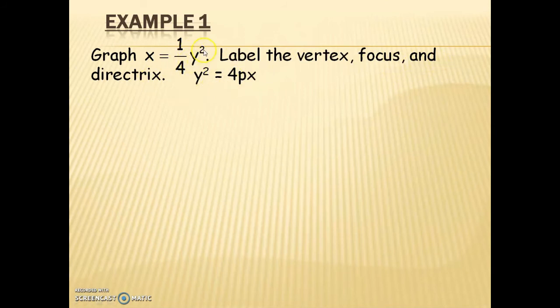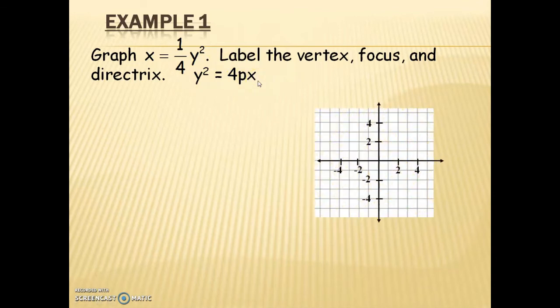So we see here y squared, so we know that this is a vertical directrix. And the standard equation we need to use is y squared equals 4px. So let's see the graph. First, identify the p.